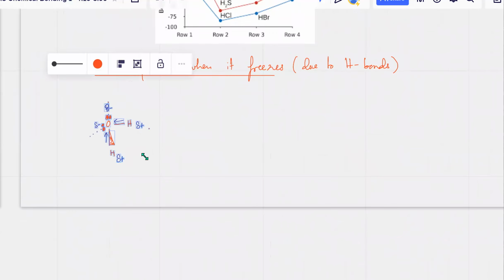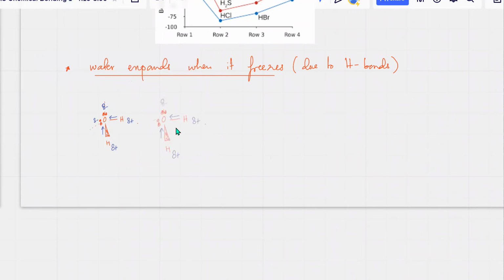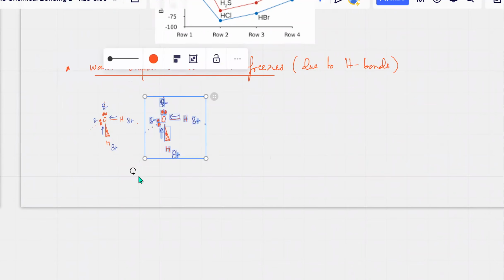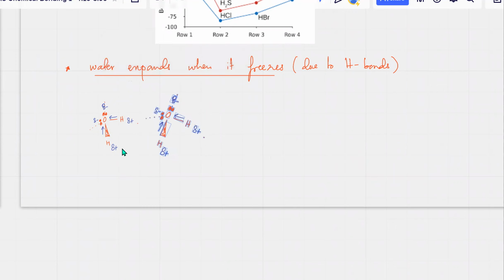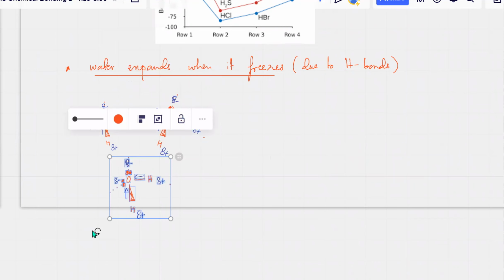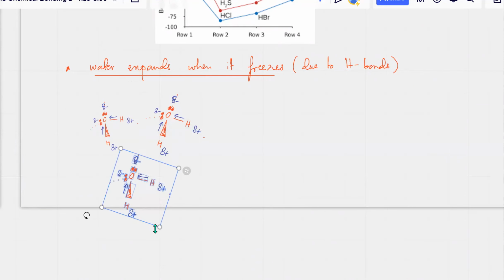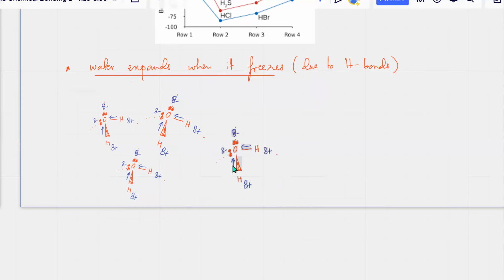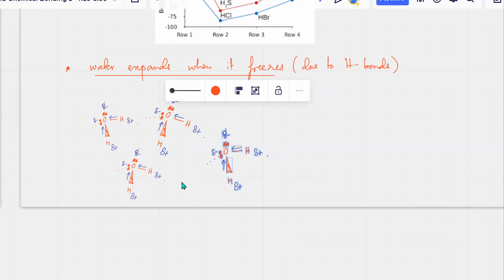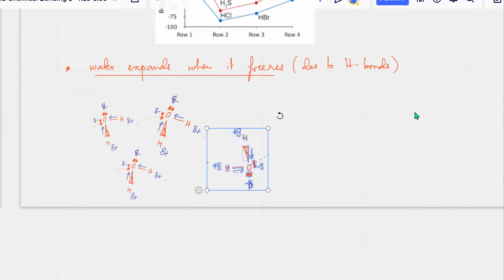So here's one water molecule, and let's have a few more. So I've got these 3-4 water molecules. I'll have another one, and let's just rotate it.